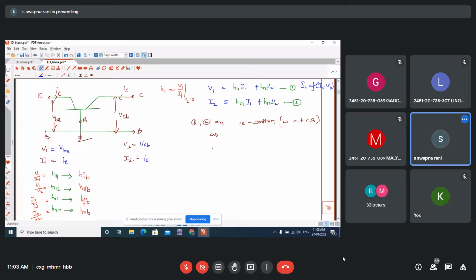V1 means VBE, I1 means IE, V2 is VCB, I2 is IC.